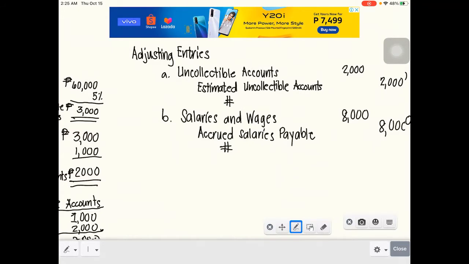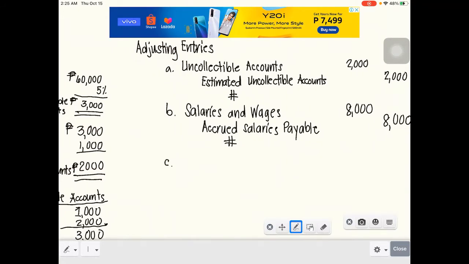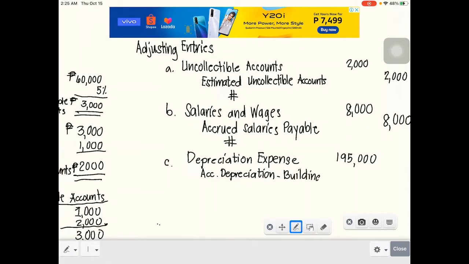So again, that is in the journal. So letter C for the first one. So that is depreciation expense, how much is the depreciation expense? That is 195,000. Then the credit is accumulated depreciation building, 195,000.